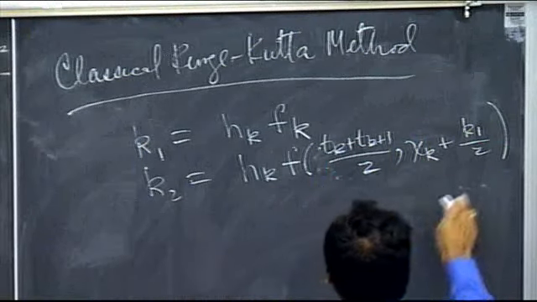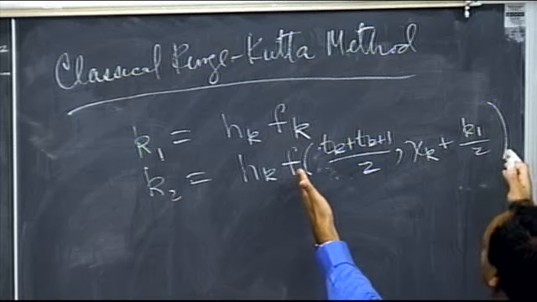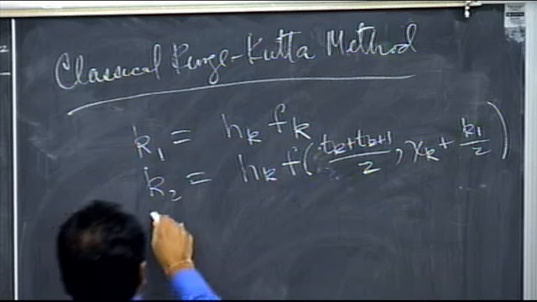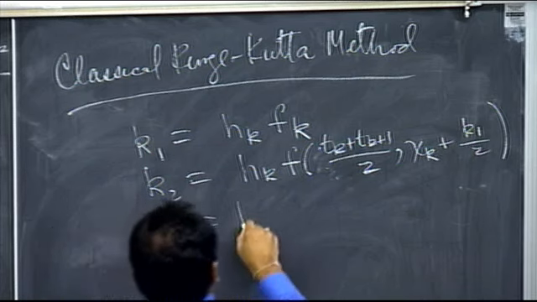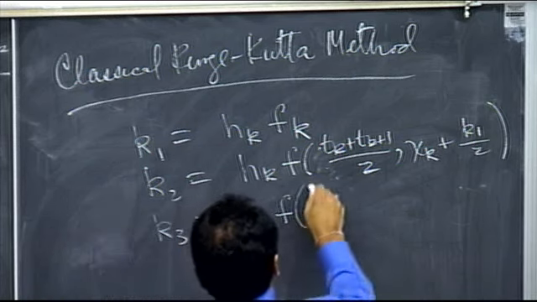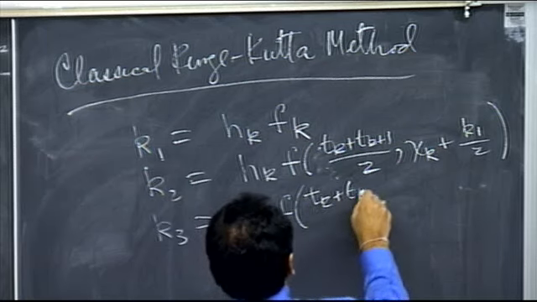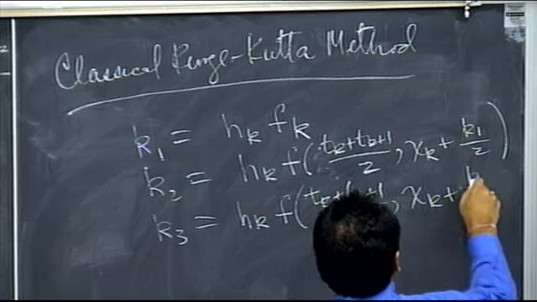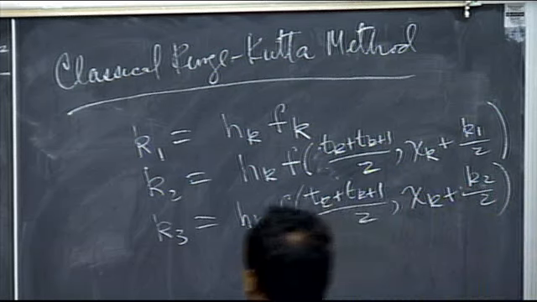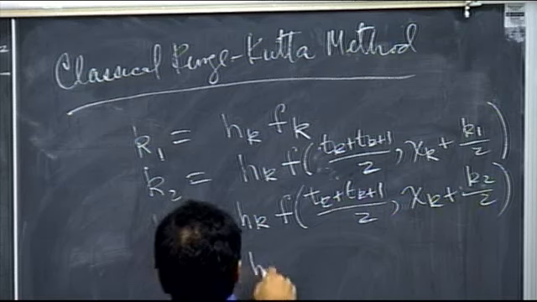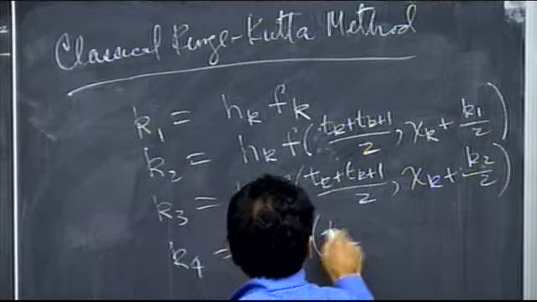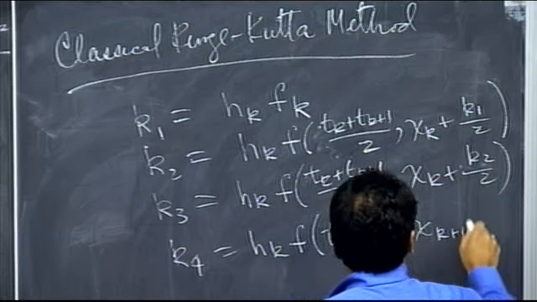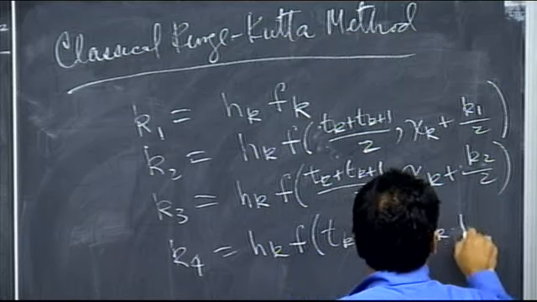So this gives you an approximation to the slope at the first stage. Then you construct the next stage, k3, which is hk times f of tk plus 1 over 2, and then xk plus k2 over 2. And then k4 is equal to hk times f of tk plus 1, and then xk plus k3.